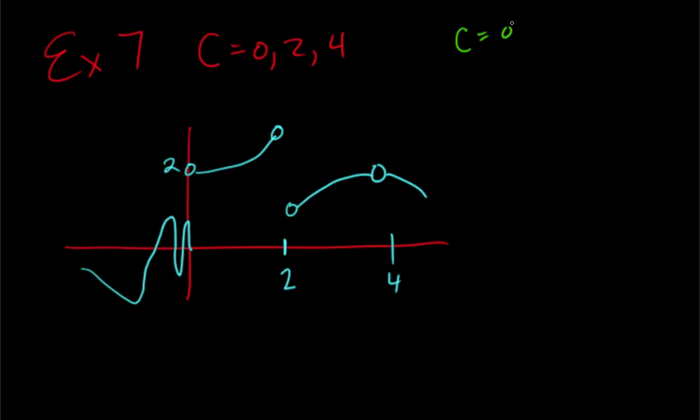If we look at c equals 0, we're going to look at x approaching 0 from the negative side, and as x approaches 0 from the positive side, we can see that this value right here is roughly y equals 0.